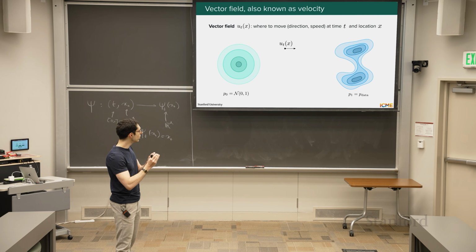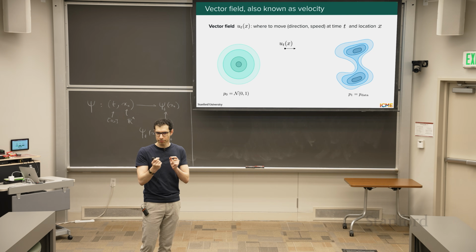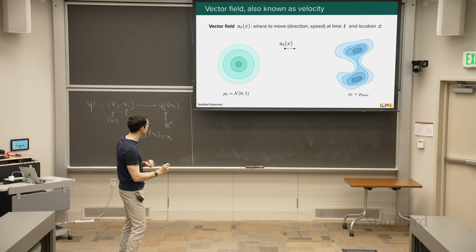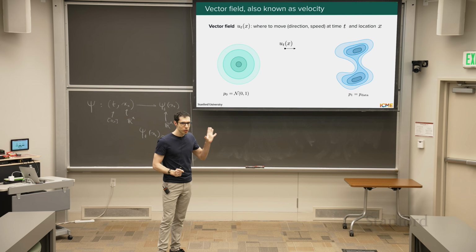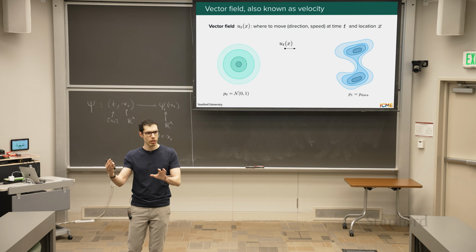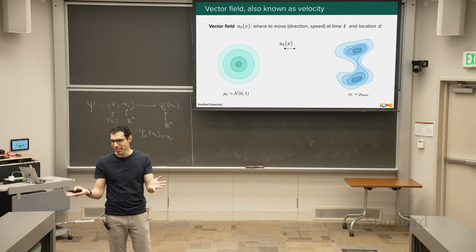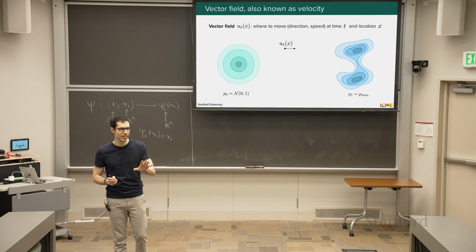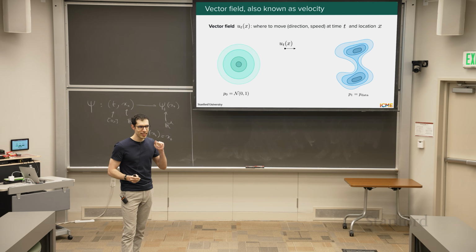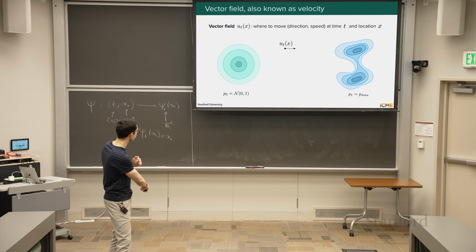And that vector, you can interpret it as the direction and the speed that particles should move at that location at that time. So again, the vector field takes in a vector, which is your position in space, and gives you also a vector, which is where you need to move and how fast. And we're going to see that the vector field is quite central to flow matching.